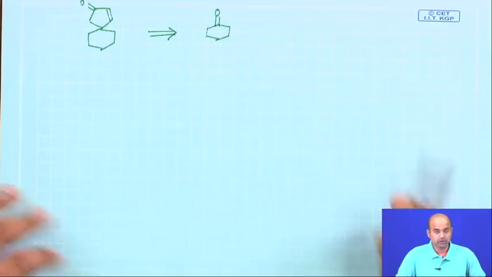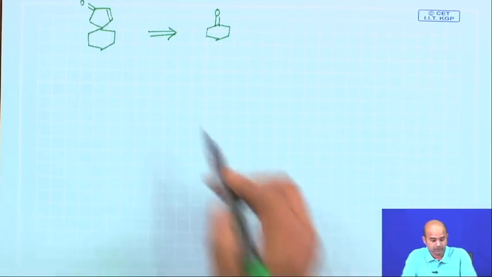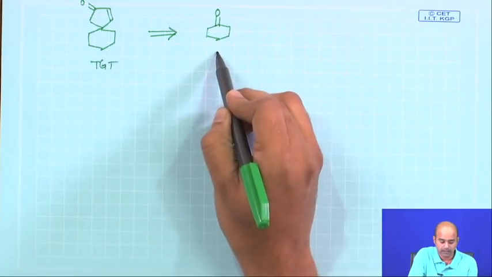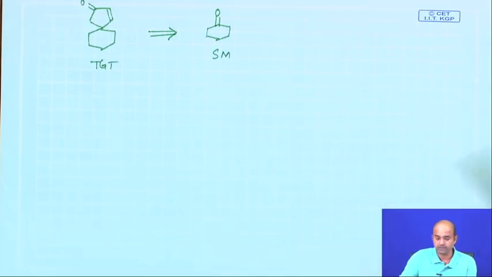I said you have to make this molecule starting from a cyclohexanone. So, this is your target molecule and your starting material. As I said, all the 3 strategies, transformation based, functional group based and starting material based, can be combined together. Let us see how it works.